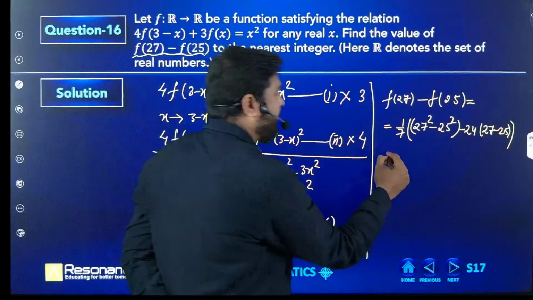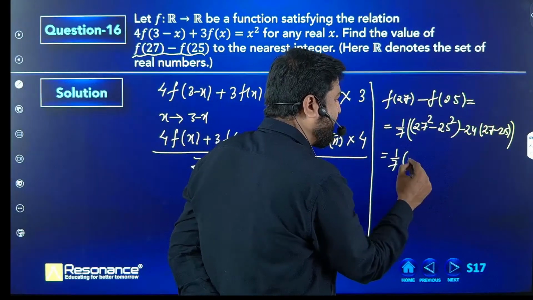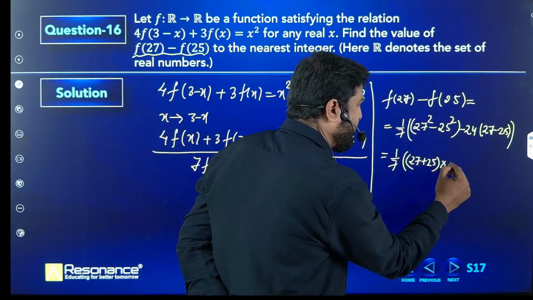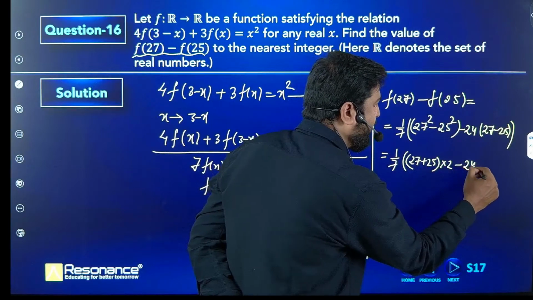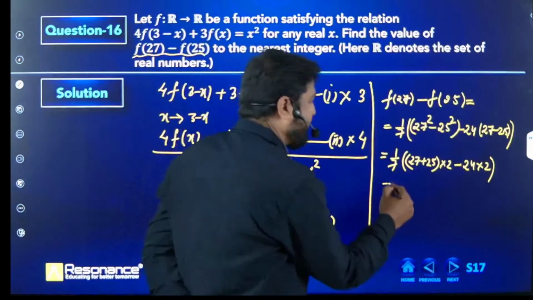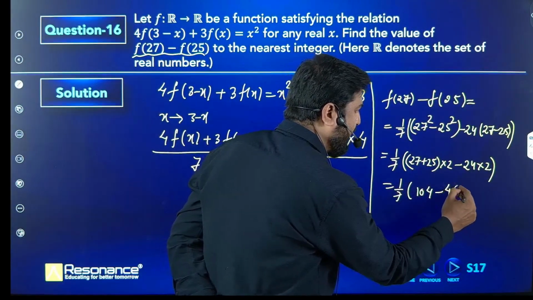Now this can be written like this: 1 by 7, and a square minus b square is nothing but (27 plus 25) into 2 and 24 into 2. So 52 into 2 is 104, so 1 by 7 times 104 minus 48.